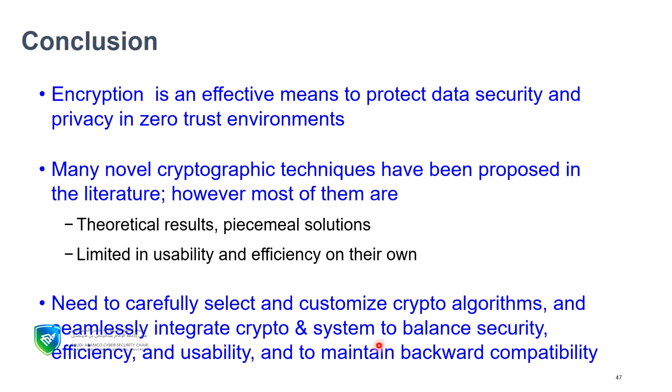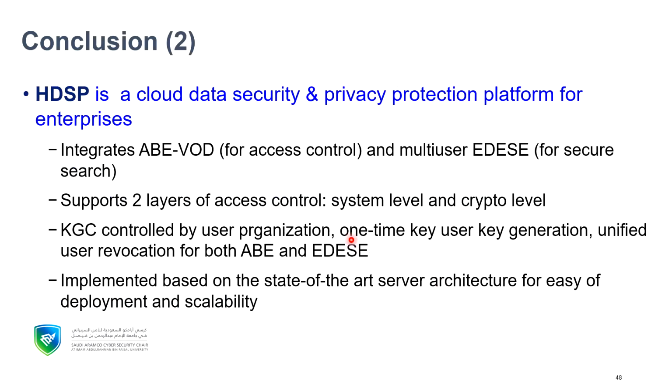We can balance security, efficiency, usability, and also maintain backward compatibility. This is also very important. The HTSP is a cloud data security and privacy protection platform for enterprise users. It integrates ABE, attribute-based encryption, and multi-user secure search.